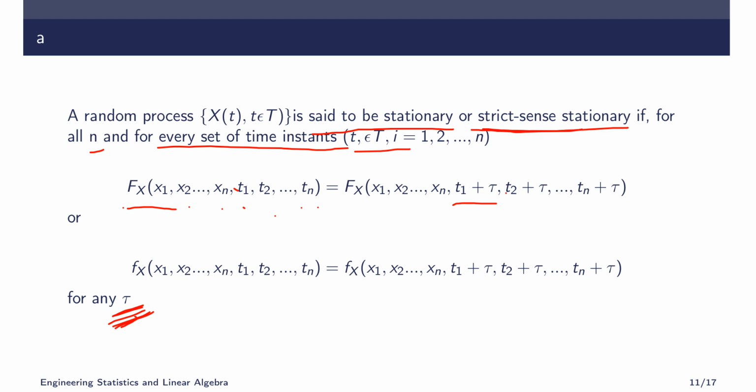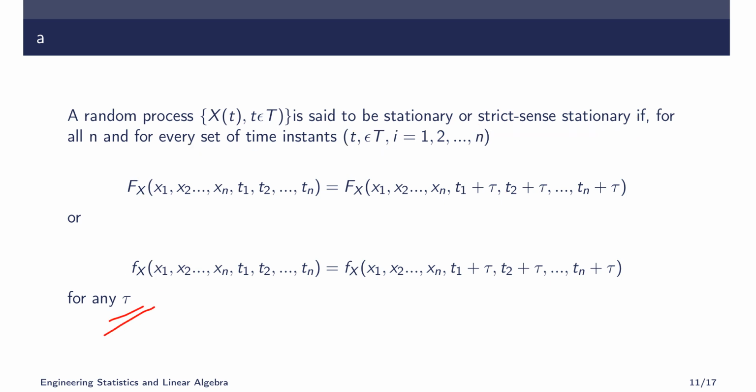So this function is said to be strict sense stationary whatever the value of tau and whatever the value of n. For example, if tau is taken 0.1, after 0.1 it should repeat. If tau is taken 0.2, after 0.2 the probability distribution or the density function should repeat. This is for distribution, this is for density. Now after this tau, the value should repeat.